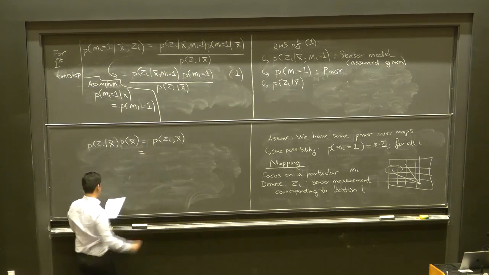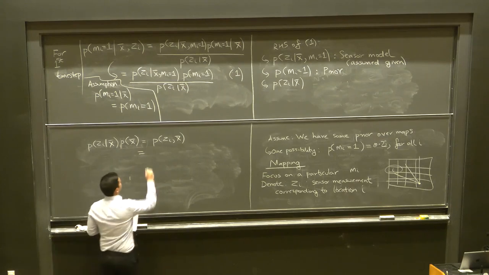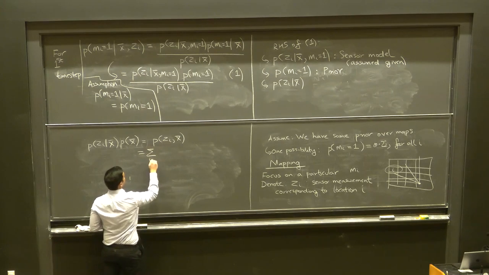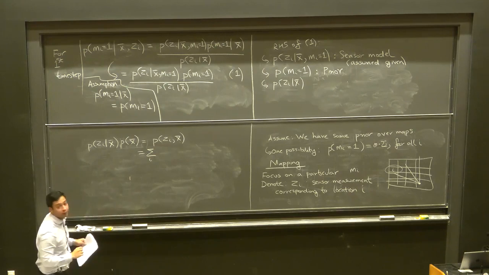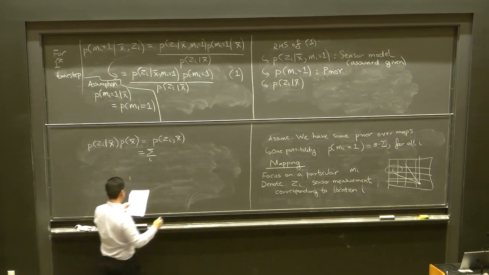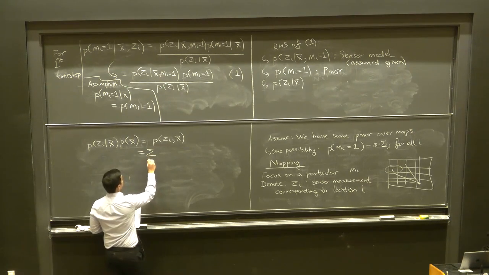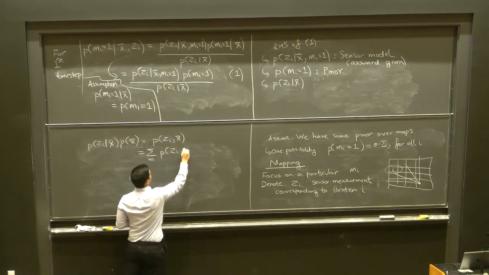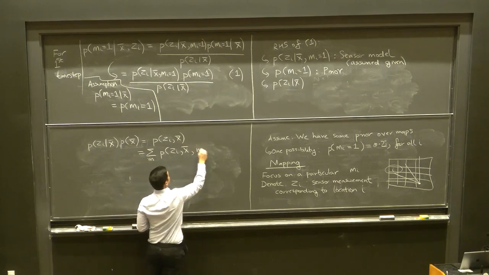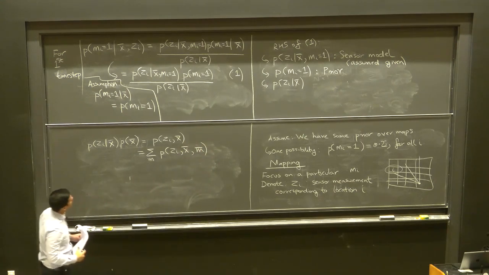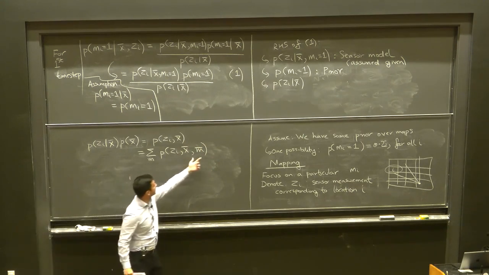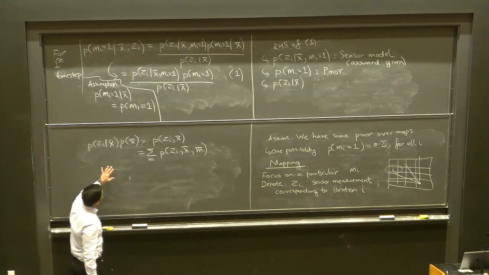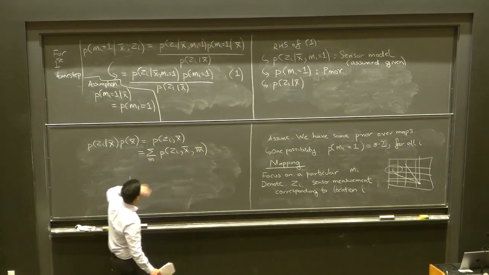I can then write this by the rule of total probability as a sum over M, so we're summing over all possible maps this joint distribution.